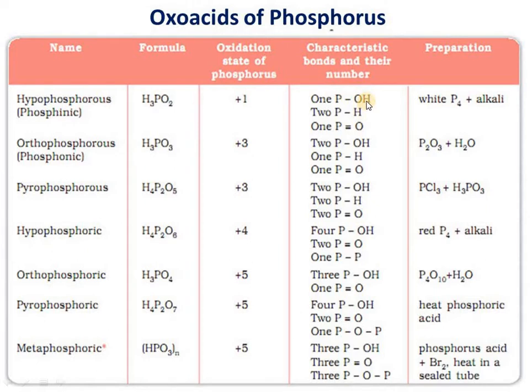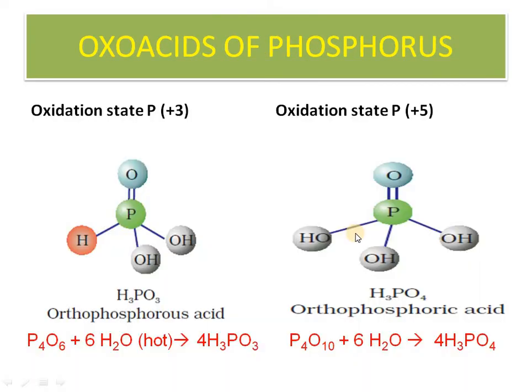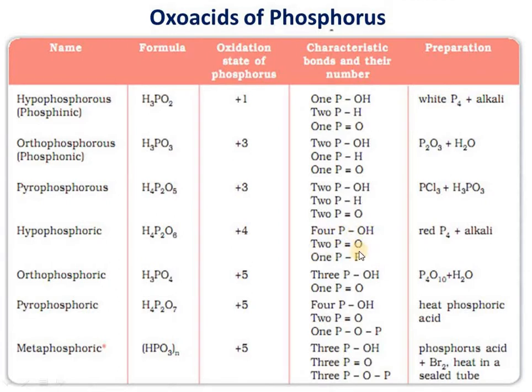Always you will find P=O and P-OH bonds in all of them. If you see the structures, every structure will contain P=O and P-OH bonds. The third type of bond is either P-O-P, P-P, or P-H. These are the three types of bonds other than P=O and P-OH.